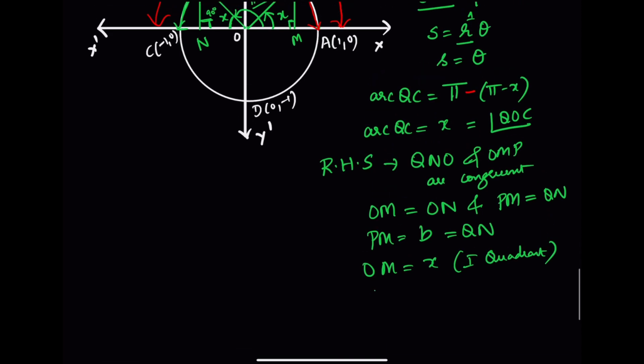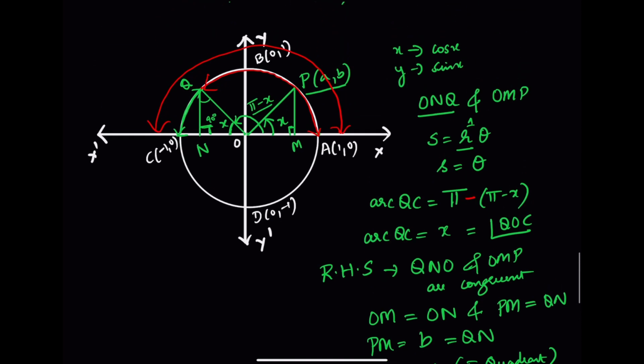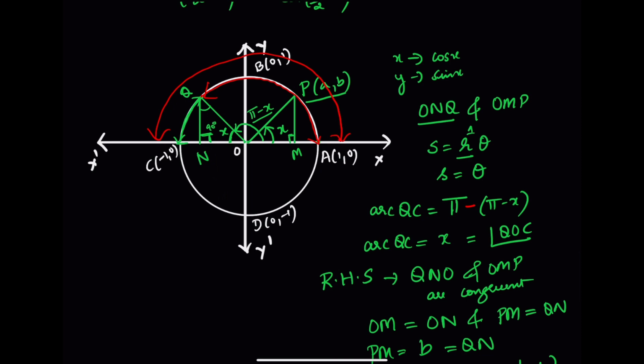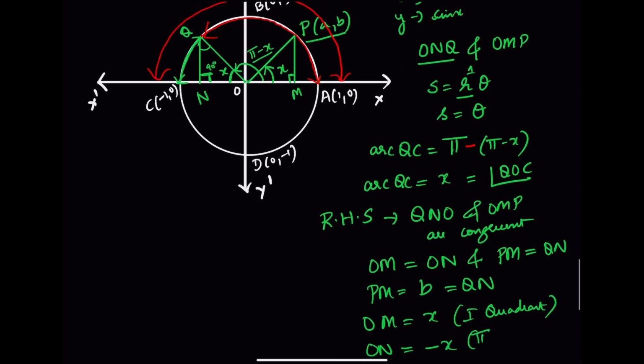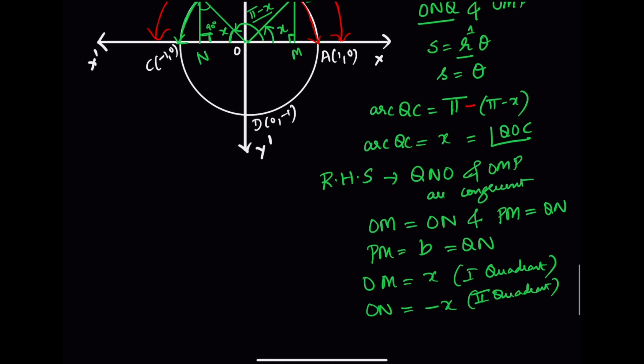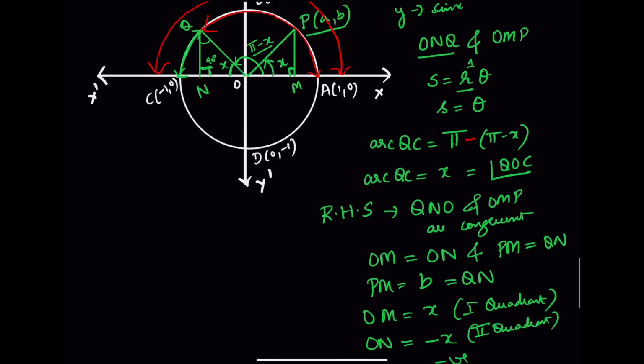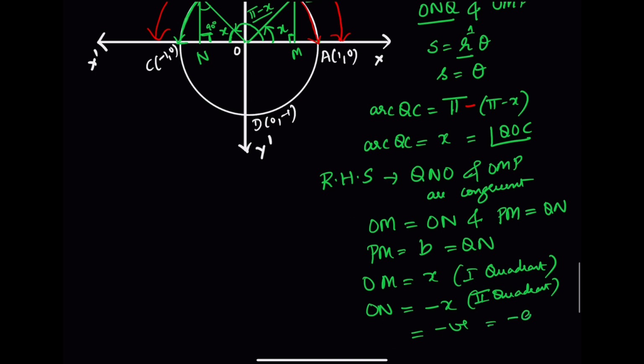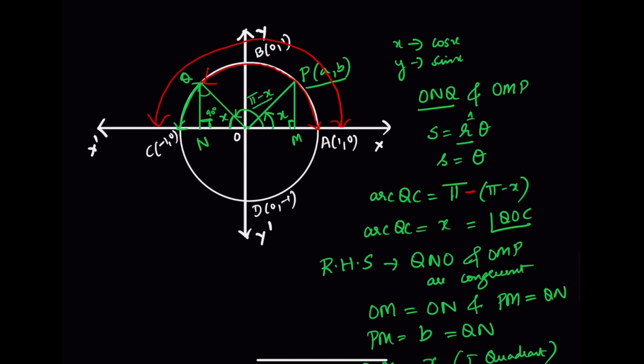But ON would be the negative value of x because it is in the second quadrant. So this will be a negative value now, which is minus a. So now we know the coordinates of Q. Q is nothing but minus a comma b.